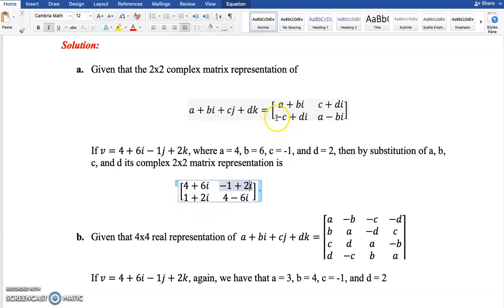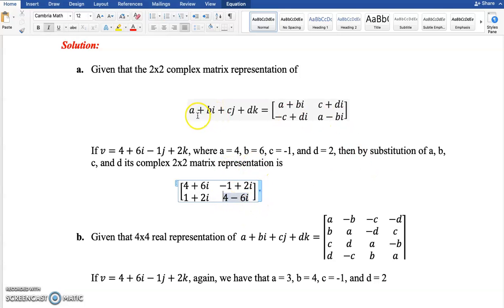Then negative C plus Di. Negative C is C times negative 1, we could say. So C is negative 1 times the negative, then we have positive 1 plus 2i, because D is 2, and A minus Bi, A is 4, negative B is negative 6.